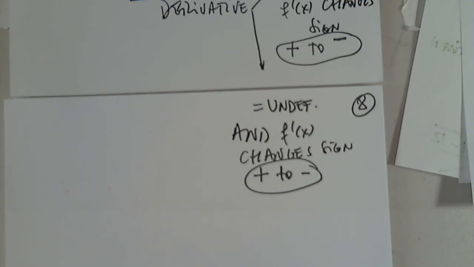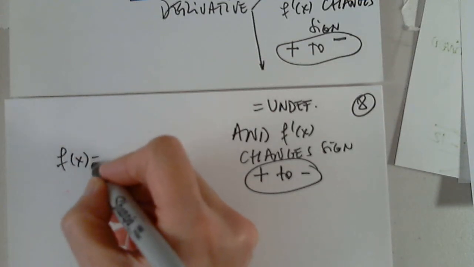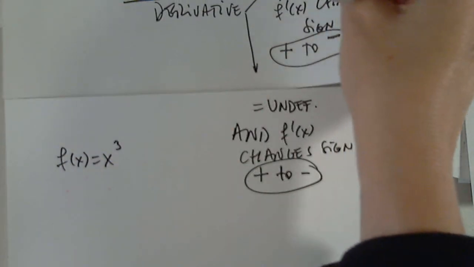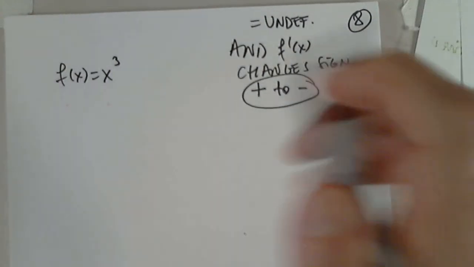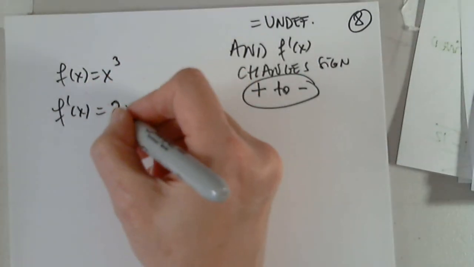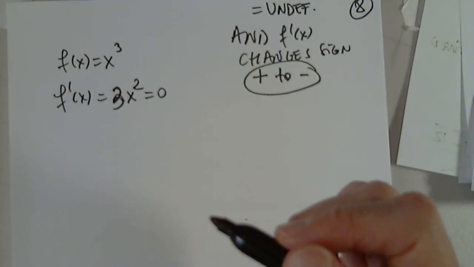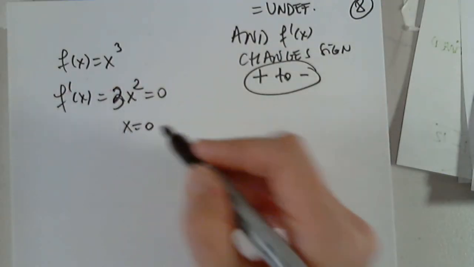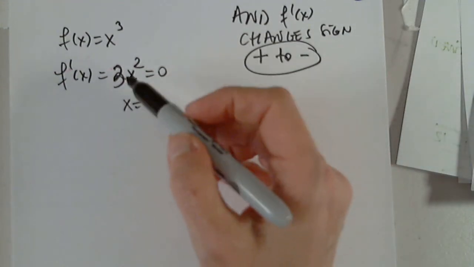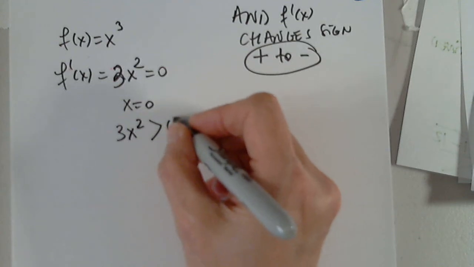So here's an example. I wanted to talk about x cubed. So when we differentiate x cubed, that's not a problem, you'll say, that's fine. So it's 3x squared. But when you set this equal to 0, you get x equals 0. But 3x squared is always positive.